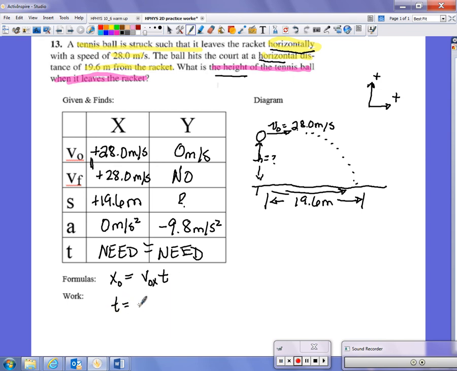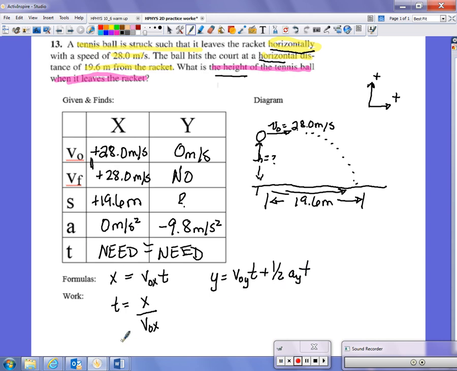So t equals x over v naught x. I'm going to solve that in just a second. And then once I find that time, I'm going to plug it into the formula in the y direction. That was y equals v naught y t plus 1 half a y t squared.